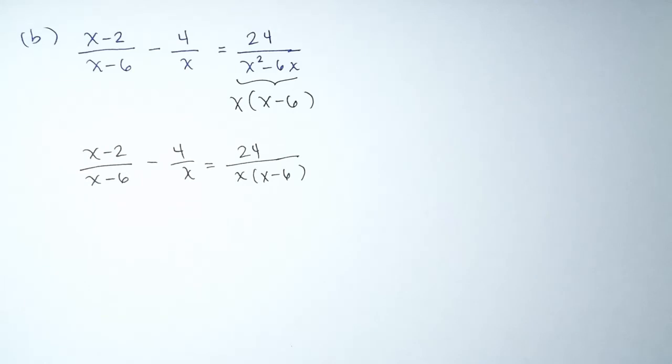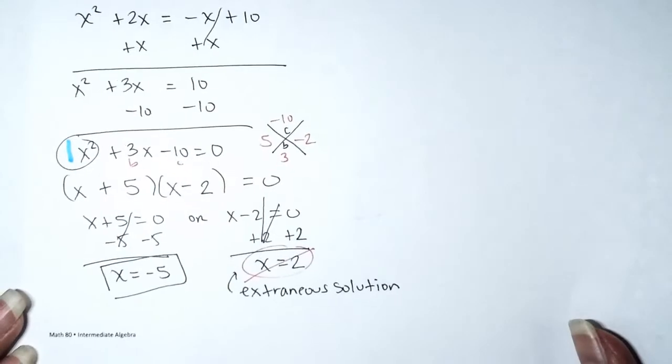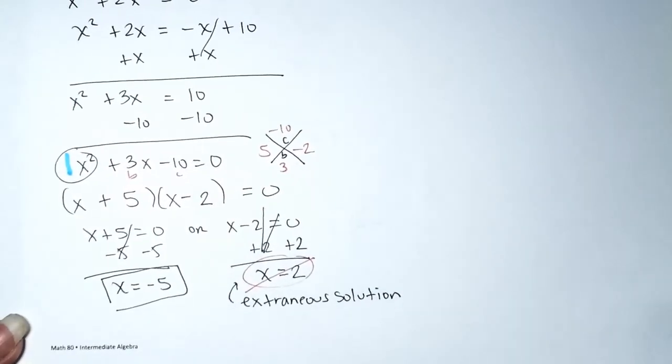Fantastic. Remember, the directions just read solve. It doesn't say solve and list the restrictions. But check it out. I'm going to go ahead and project our earlier problem. I don't want to sound dramatic, but I think it's vital to list the restrictions right now, at the beginning versus later.